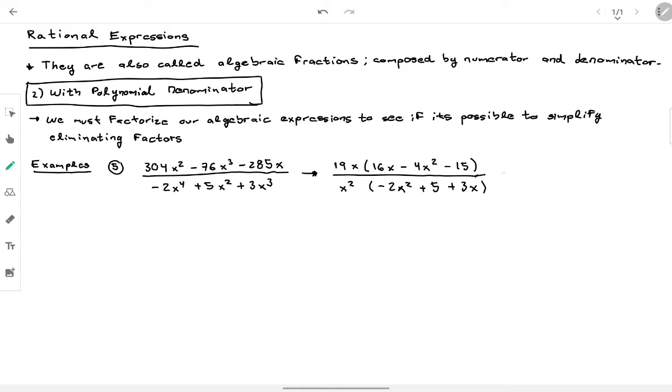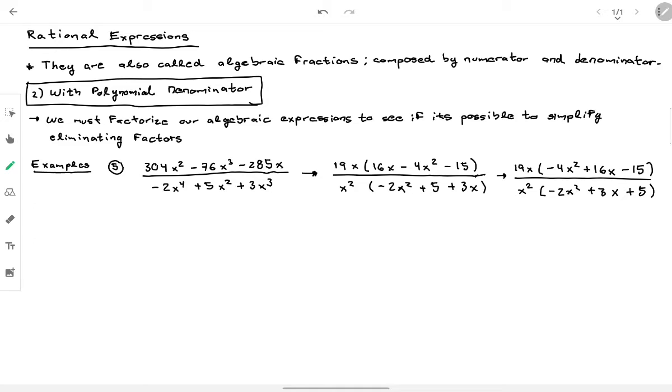So maybe we can order them. The numerator is going to be 19x that multiplies minus 4x squared plus 16x minus 15. And on the bottom, it's going to be x squared minus 2x squared plus 3x plus 5.